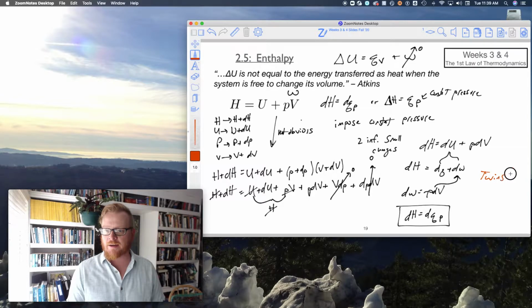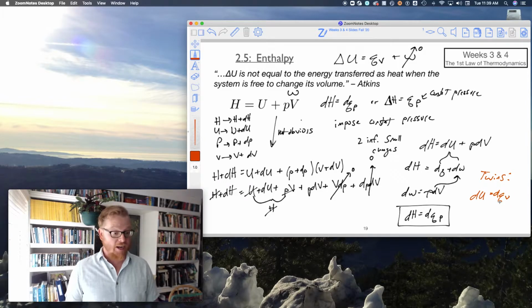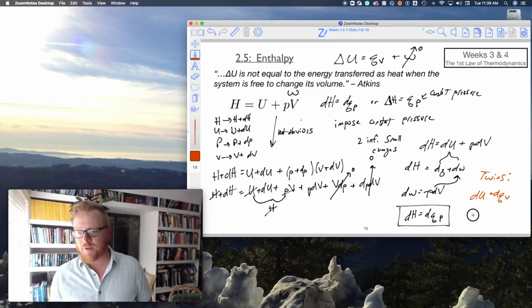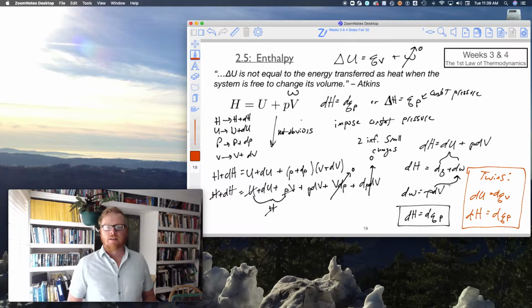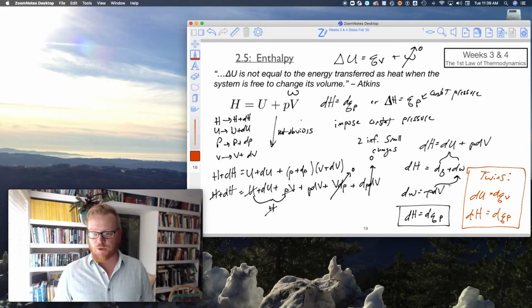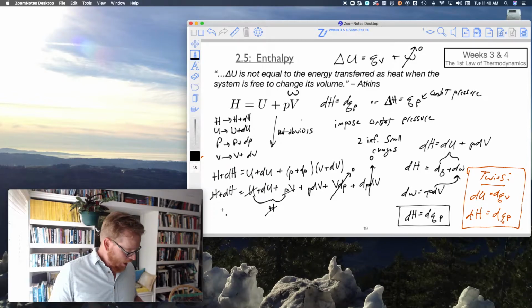So we know that dU, change in internal energy, must be equal to dq at constant volume, and dH equals dq delivered at constant pressure. Okay, so these are nice relationships to know, the twins, okay? Enthalpy and energy.